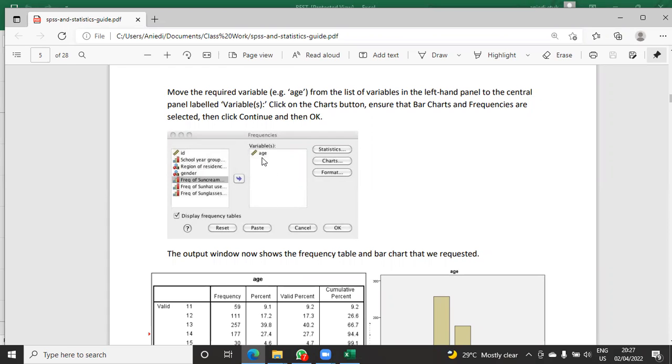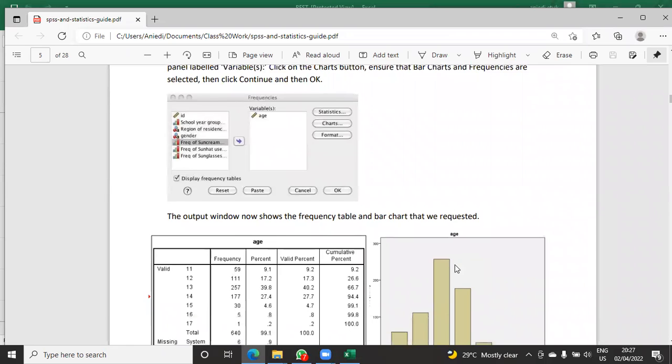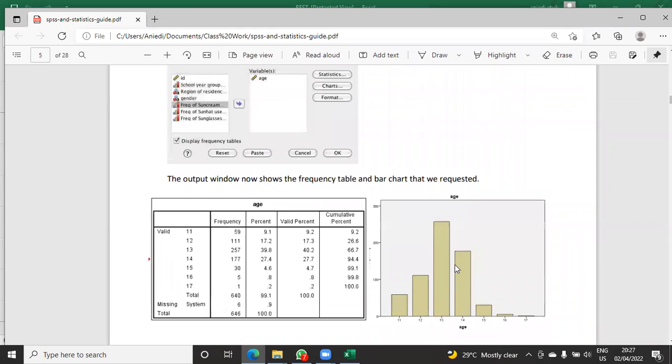So for us to understand each of the data, we can pick a variable. In this case, they picked the age, so that they can check the frequency table of the age and see if it follows a certain distribution. You can also analyze the gender, the region, or the school year group to see how it looks.